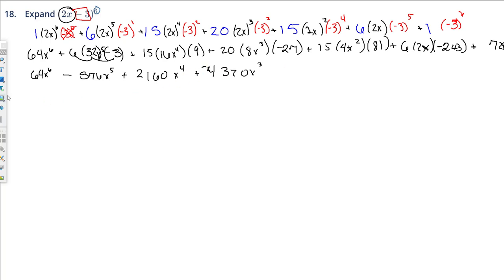So plus a negative again means I have a negative. 15 times 4 squared times 81. So 15 times 4 is 60. 60 times 81 is 4860.